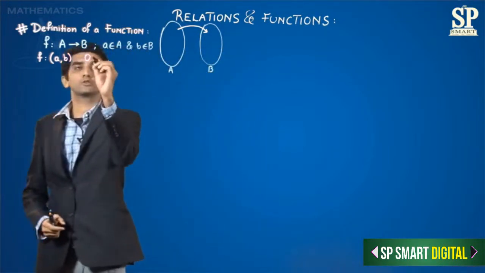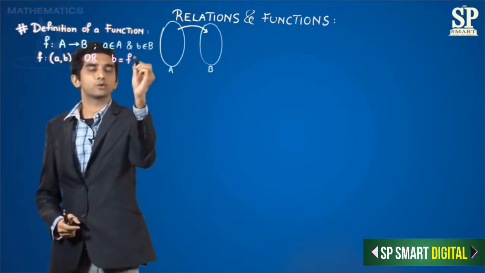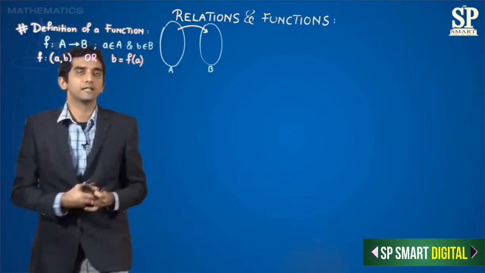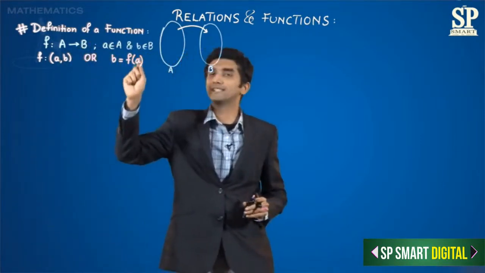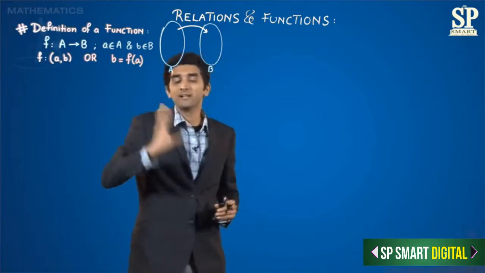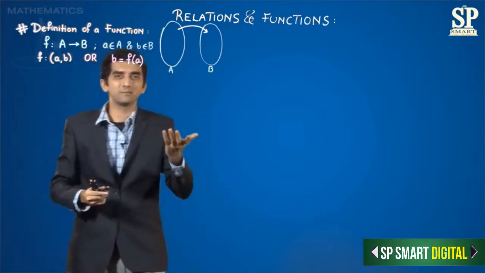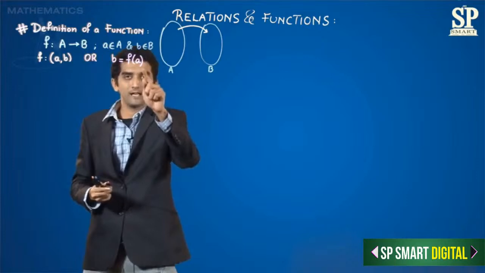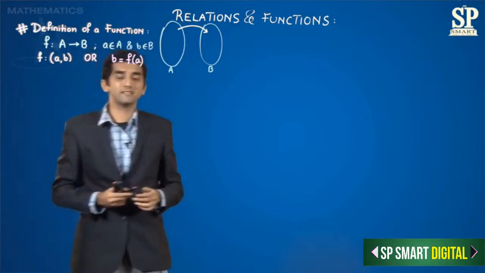Or we also write, and this is another generic way which will be used very frequently, b, the output, is equal to f of a, where the input is a. Generally when we write f of x, x is the input, so f of a gives you the output b. This is the manner in which we write.